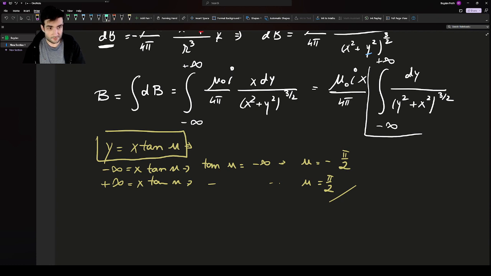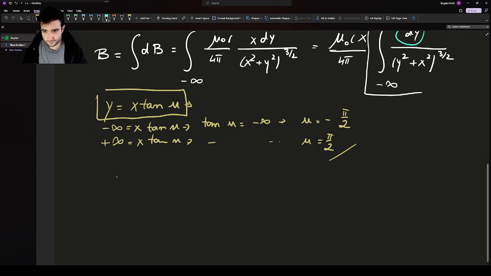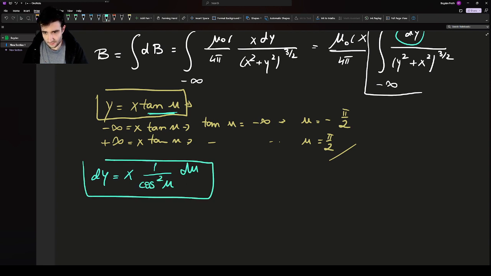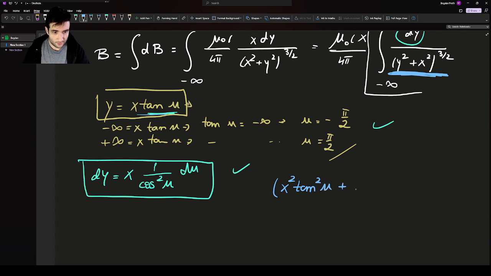The next thing would be finding what dy is. So dy would be x, which is a constant again, and then when we differentiate this, this is just 1 over cosine squared of u times du. So that's done. And the last thing is figuring out what this becomes. So that is y squared, which is just this squared, x squared tan squared of u plus x squared, and this is to the power 3 over 2.